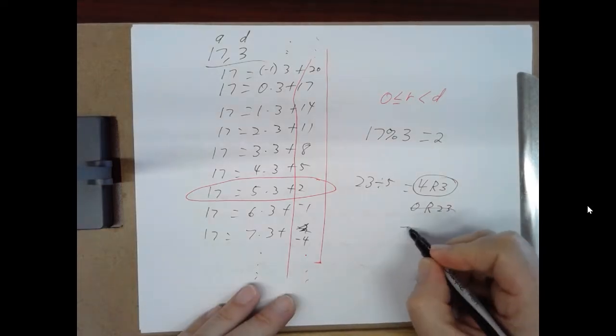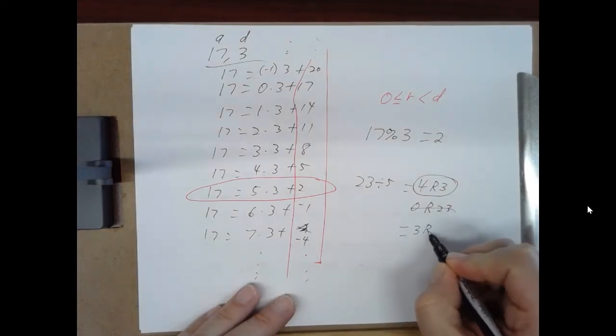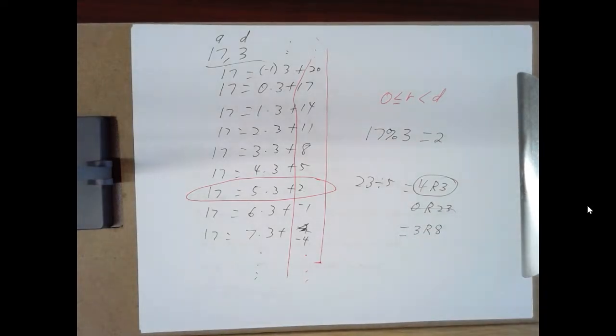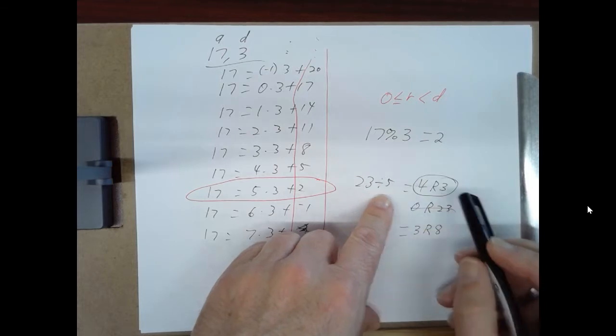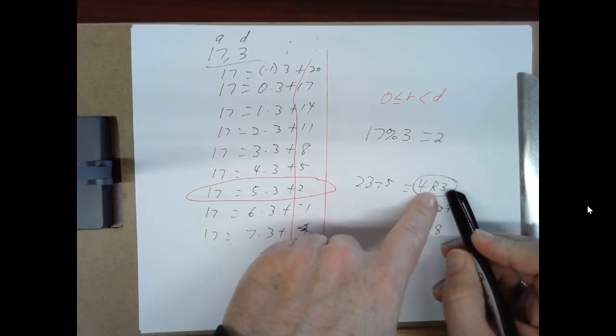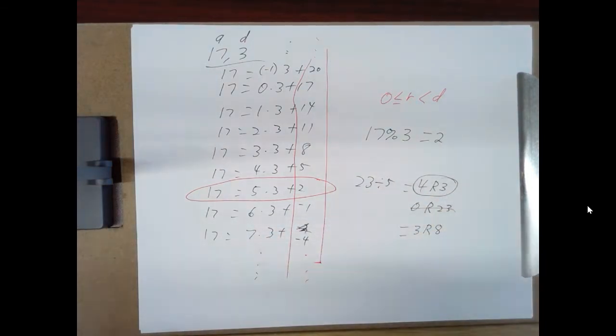And the reason we don't write that this is 3 with a remainder of 8 is because we could have put more than 3 5s into here. We could put a 4th 5 into here, take us all the way up to 20, and then have a remainder of 3. So we've been doing this most of our lives when we divide integers and we look for a quotient and a remainder.